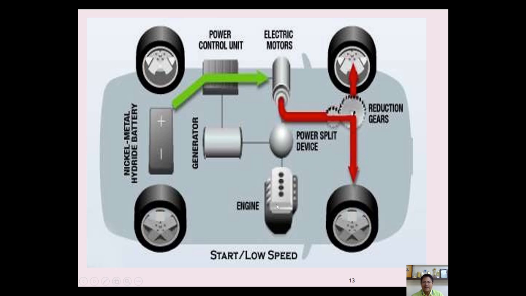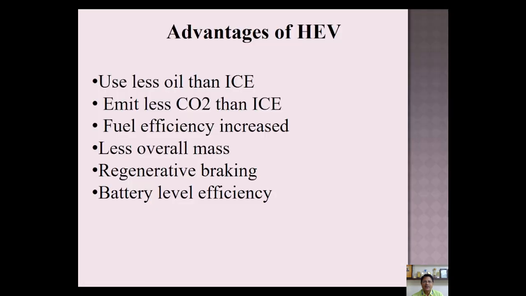In parallel, there is an IC engine with a power split device that is connected to the wheel, and the excess power is fed to the generator. That generator produces electricity, which is given to the control unit that will also use the power to drive the vehicle. So this is how this hybrid is functioning.